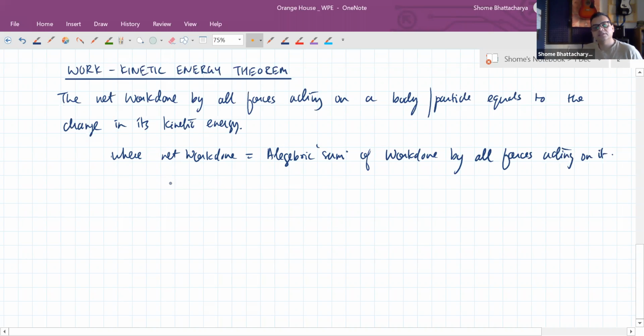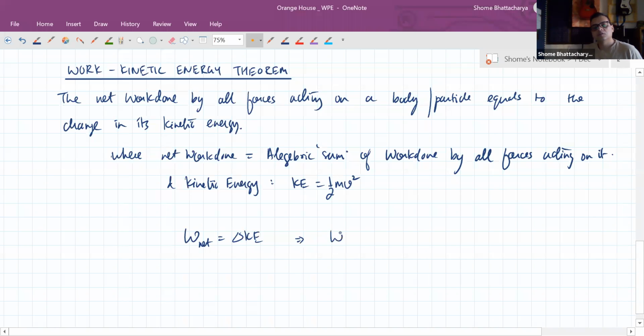And kinetic energy, as you know, is defined as half mv square. So the statement of this is that the net work done is equal to the change in kinetic energy, or the net work done is half m into final speed squared, minus half m into initial speed squared.